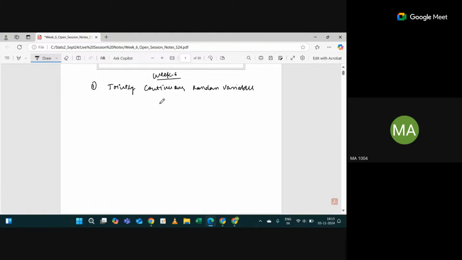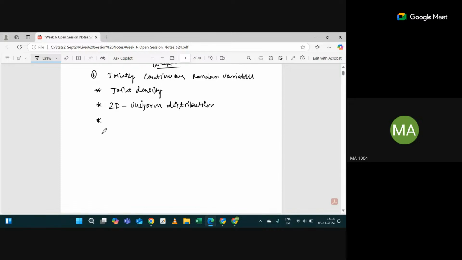In this we will see what the joint density is. First we will try to understand this. Next we will start with the 2D uniform distribution. And once we finish the 2D uniform distribution, then we will move on.